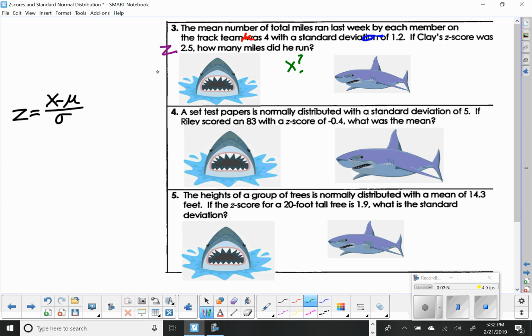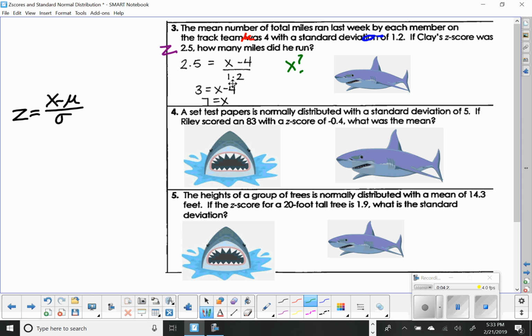So when you come over here, you're going to put your 2.5 in for Z, your 4 in for the mu, and 1.2 in for your standard deviation. When you do that, you get an equation that looks like this: Z, which is 2.5, is equal to X, that's what we don't know, minus the mean, which is 4, divided by 1.2, which is the standard deviation.